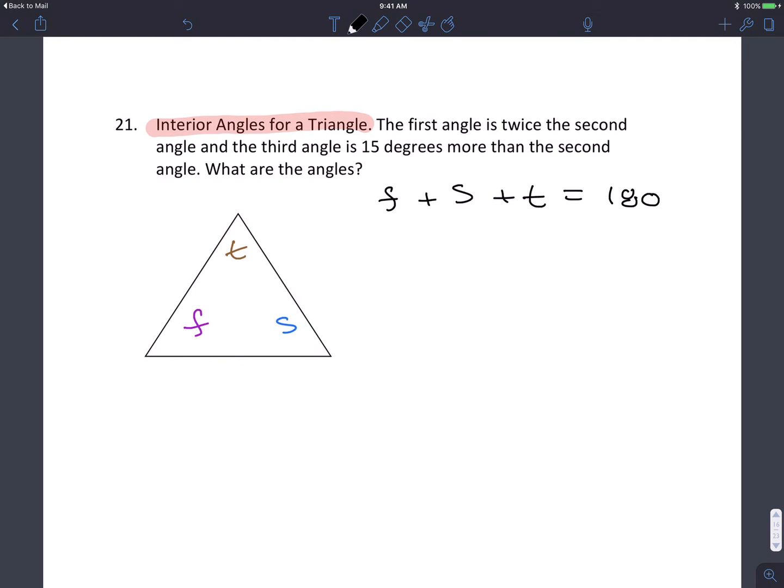Now, let's read the rest of the paragraph. It says the first angle is twice the second. So if I color this, my first angle, this is F. Okay, now F, word is, and then that twice. The second angle we colored blue. So this is the second angle in blue.